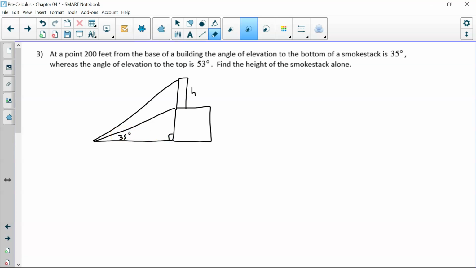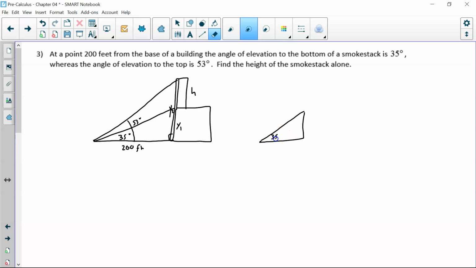So that angle is 35 degrees. So we can use that to find the height of the building. We'll call that Y1. We can also use then the 53-degree angle to find the height of the building and the stack. We'll call that big distance Y2. So I'm going to break it down to its smaller pieces.